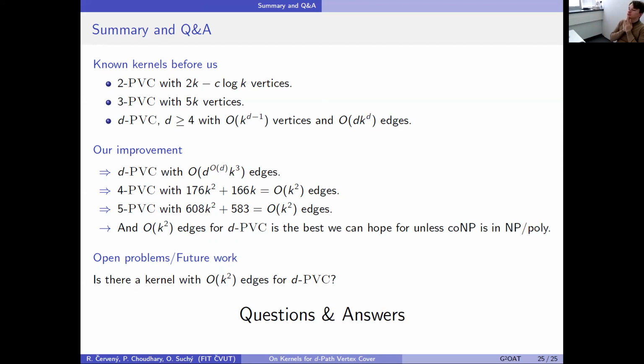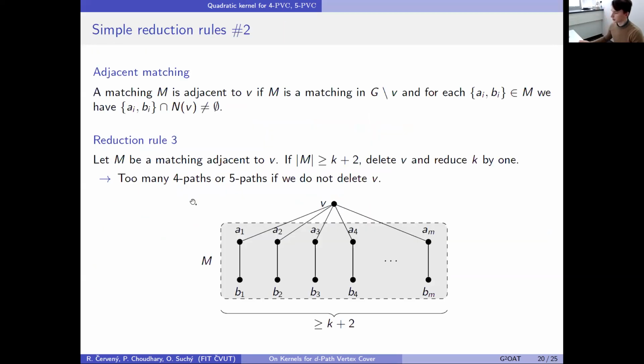Did you try the technique for 6 PVC and run into some trouble there already? Yes. The trick is that for 4 PVC and 5 PVC, the matching gives you the structure that you need. But if you let me just show you. You would need something more than a matching for 6 PVC, because you won't find any 6-path in here, and that's the problem.